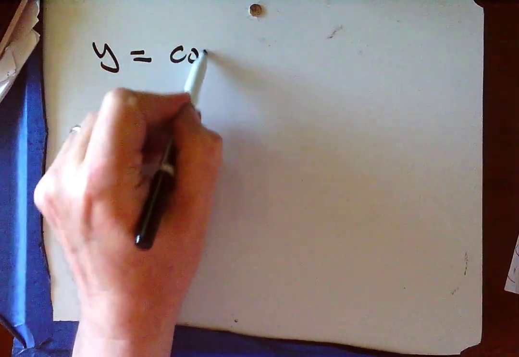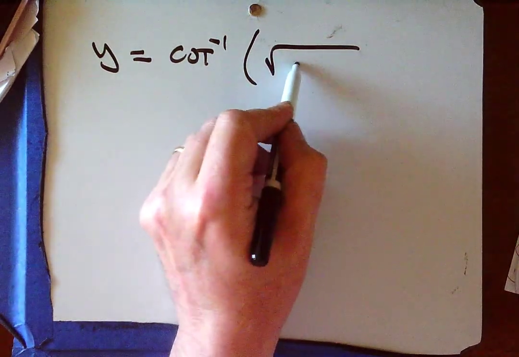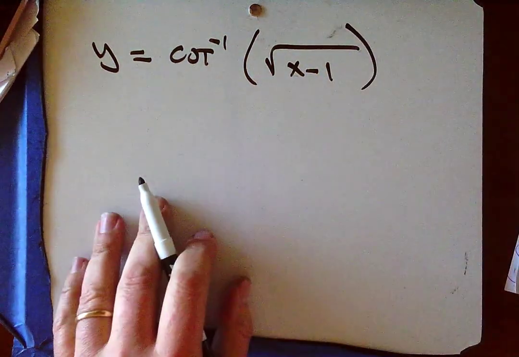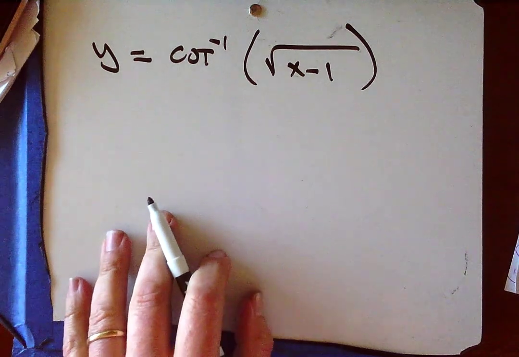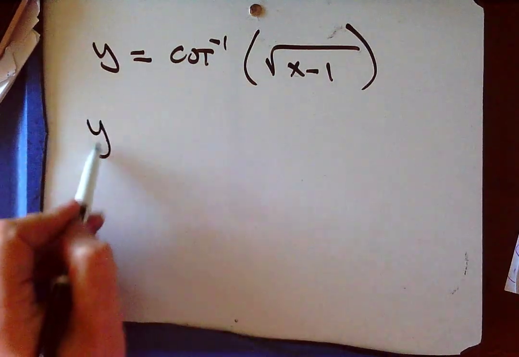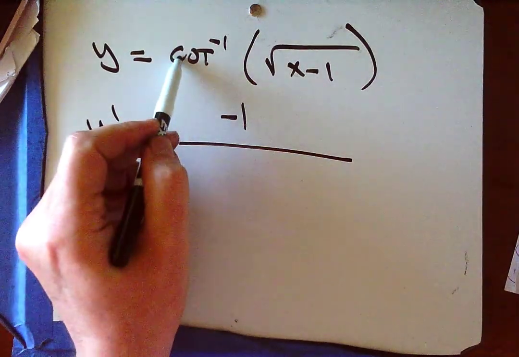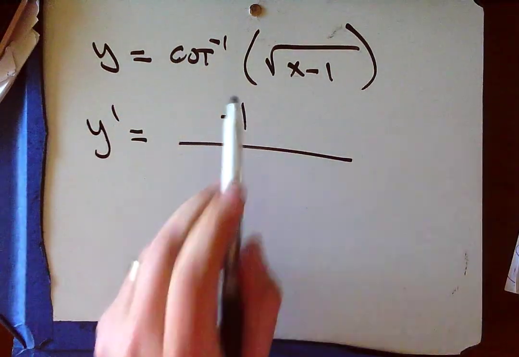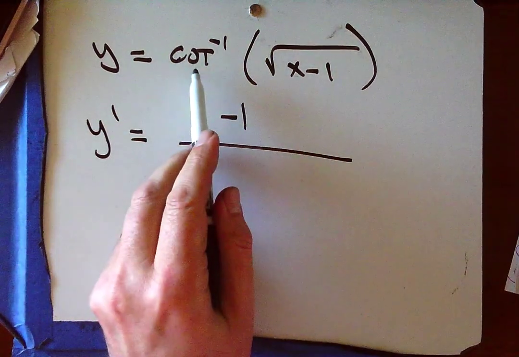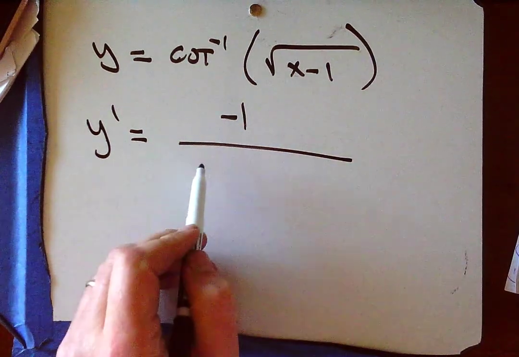All right, how about this one? Y equals cotangent inverse of square root of x minus 1. Hey, remember y prime is going to be negative 1 over, because it's a cofunction. Now, what's the derivative of inverse cotangent? Negative 1 over stuff squared.